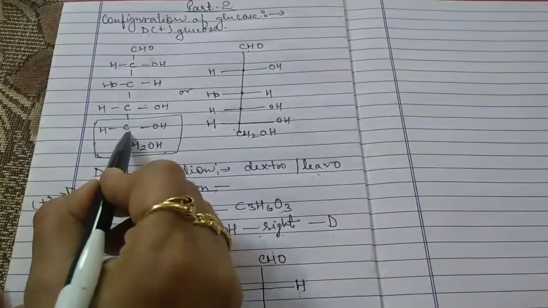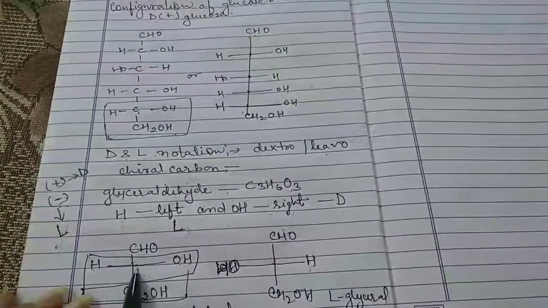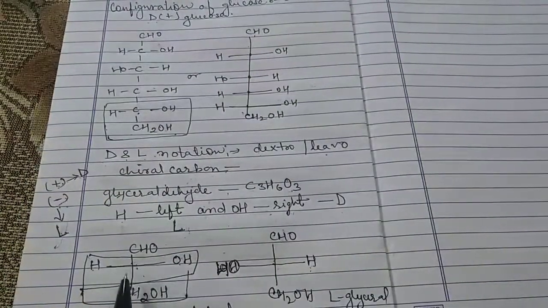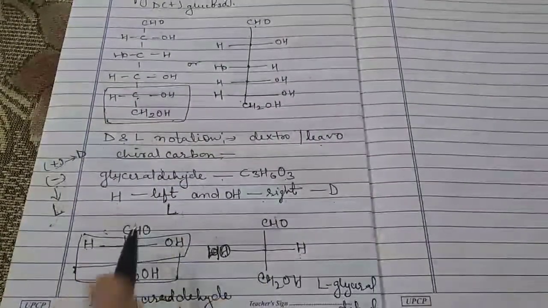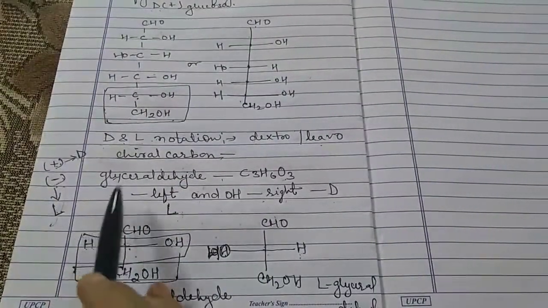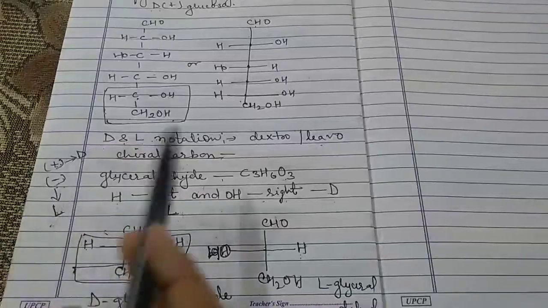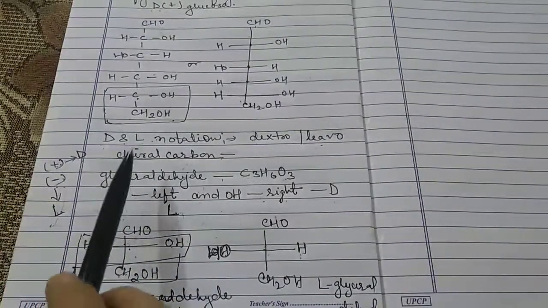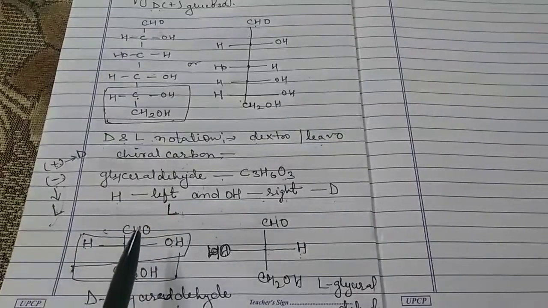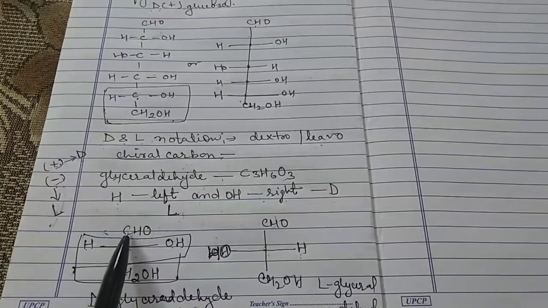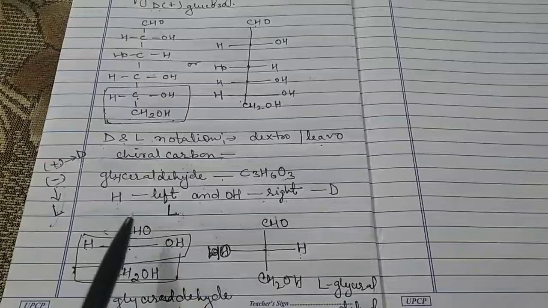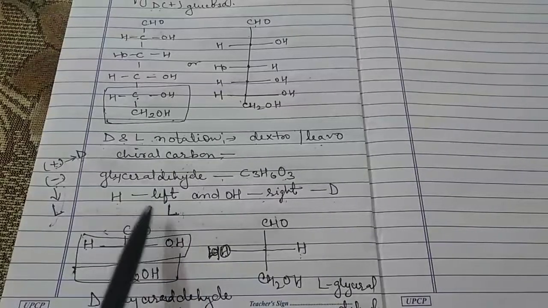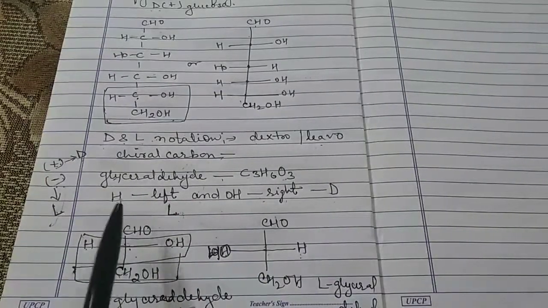These two asymmetric carbon atoms in the lowest position are very important for assigning the configuration.